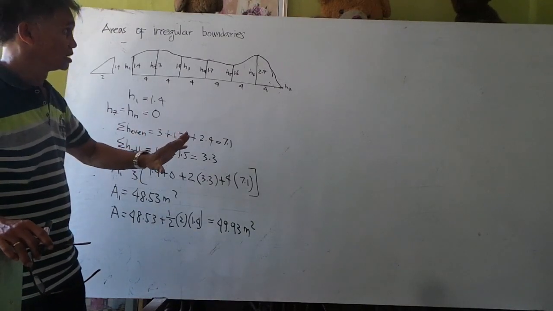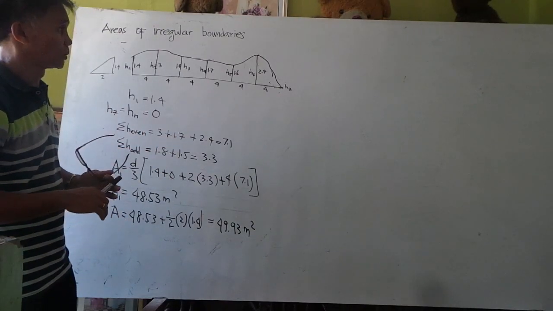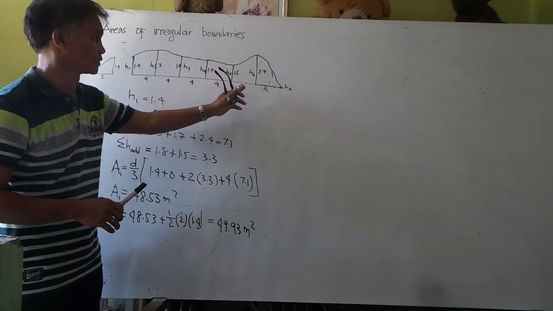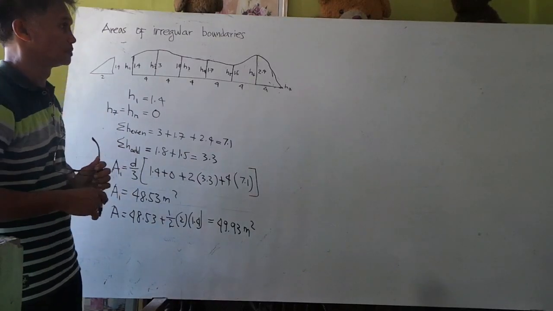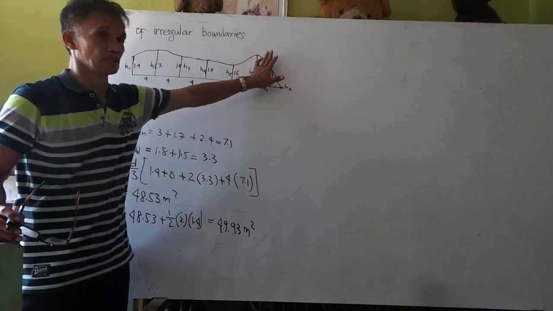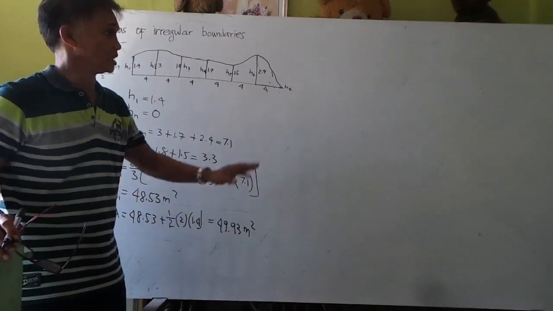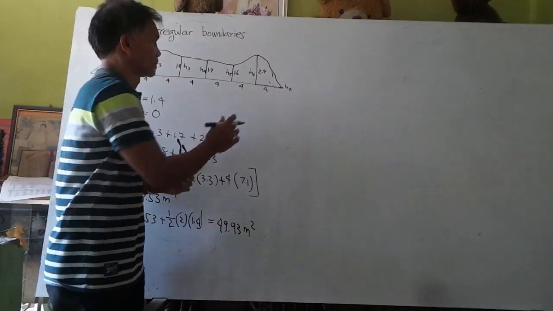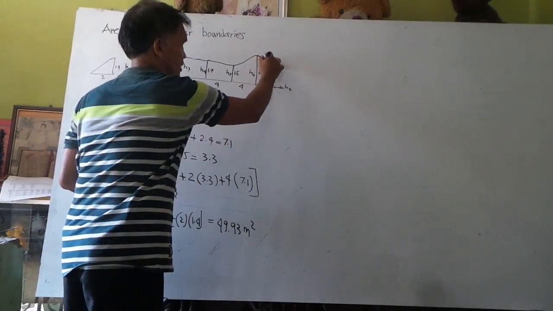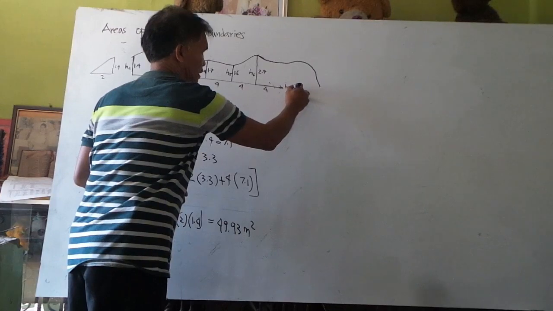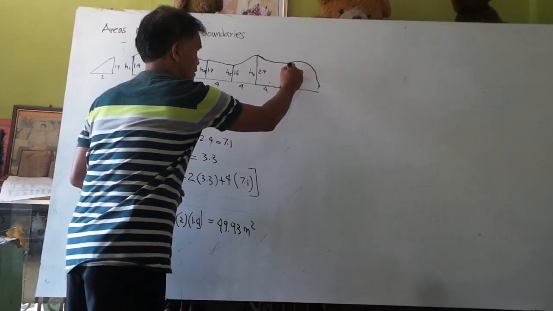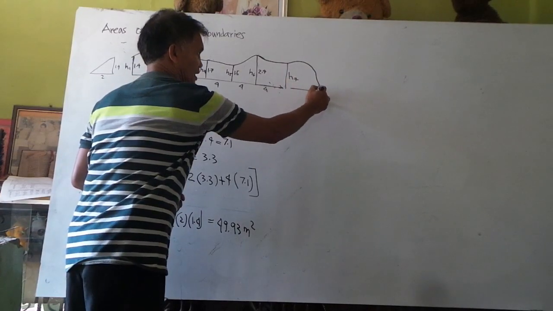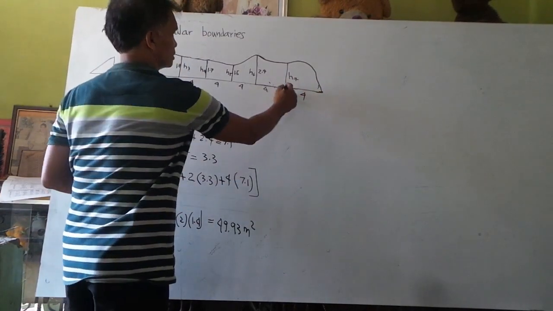Now, in case the interval of the offsets is not even, then we separate one last area.